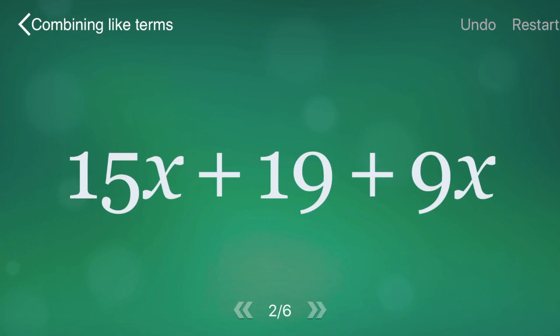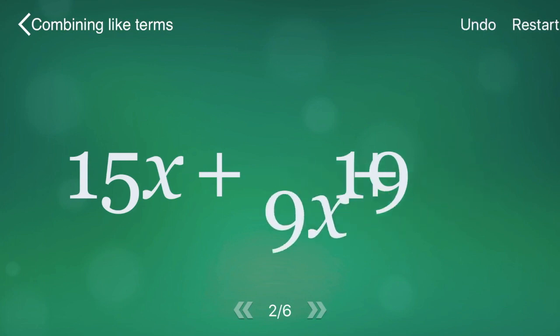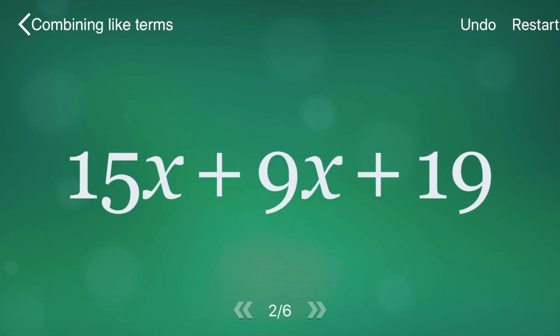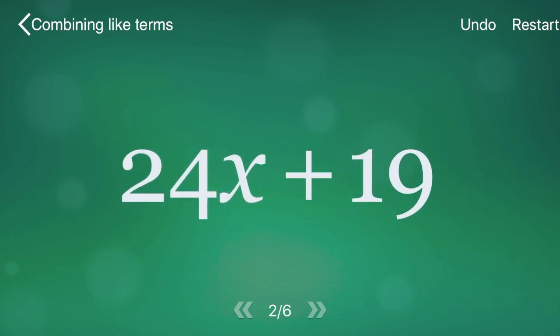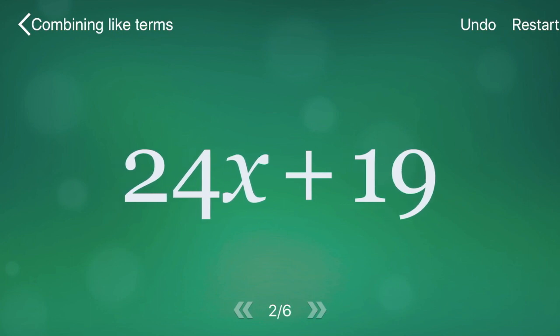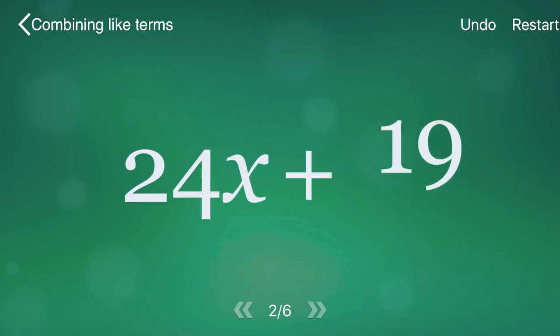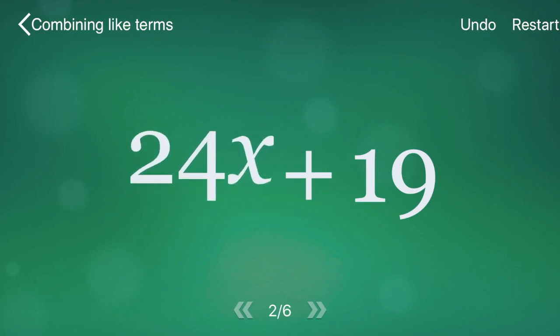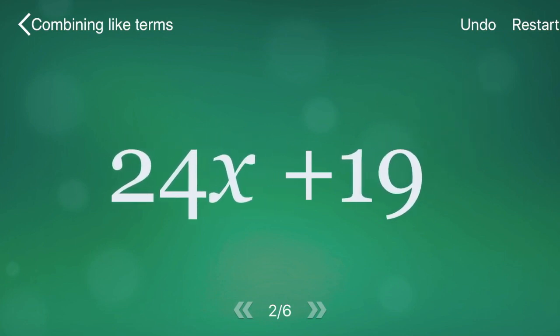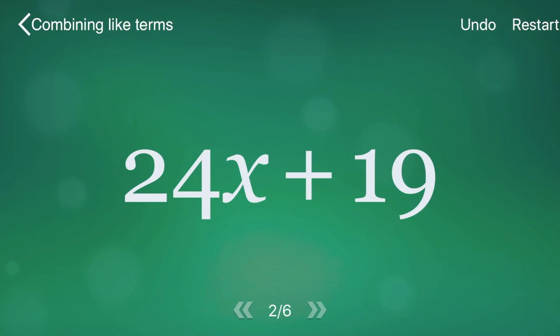So, for example, if I wanted to have like terms next to each other, I would be rewriting it or moving it one next to the other so that I can combine them. So we got 15x plus 9x plus 19. Now, I can combine my like terms, and again, if I tap my plus sign to combine them, I have a constant of 19 trying to combine with the term of 24x, and I can't combine them because 19 has no variable. It won't even let me on Algebra Touch.